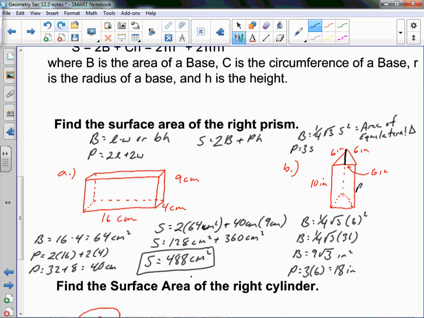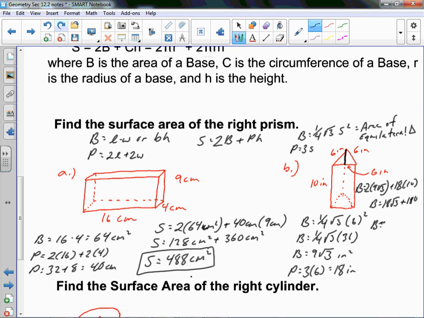And so 2 times 9 square roots of 3 plus 18 times the height, which is 10. 18 square roots of 3 plus 180.